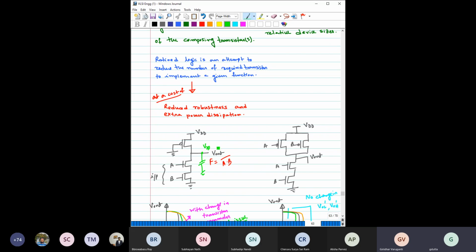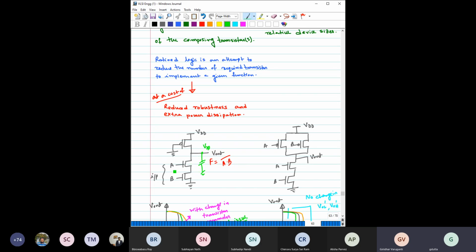Obviously, I am expecting that the discharging capability of the NMOS part, the pull down network, is much more compared to the pull up network. Because if the driving capability of these two is higher than this, then the entire current will be passed to the ground, so it will not get charged. So while designing this type of inverter, you should keep this in mind.